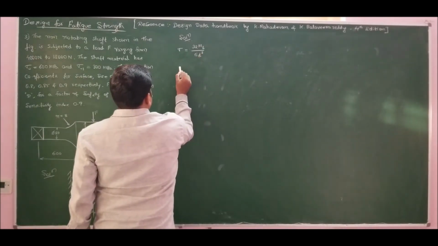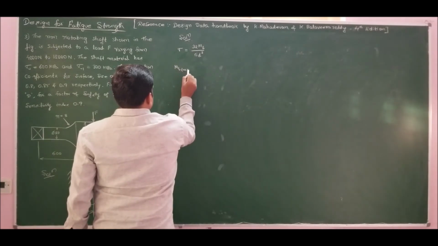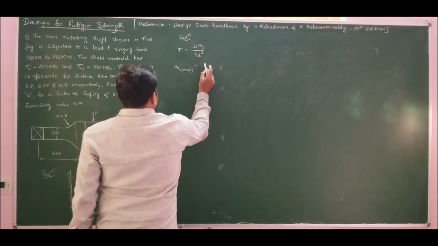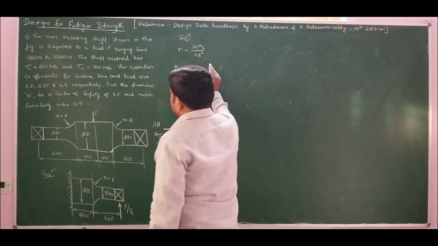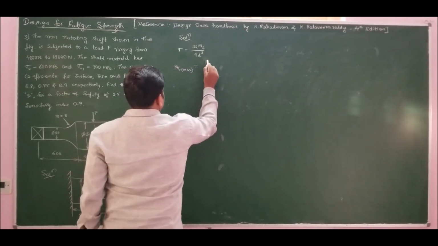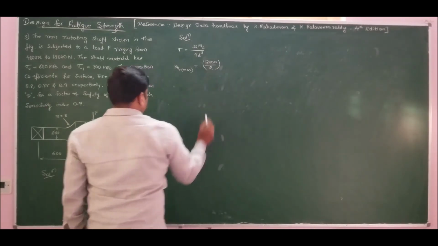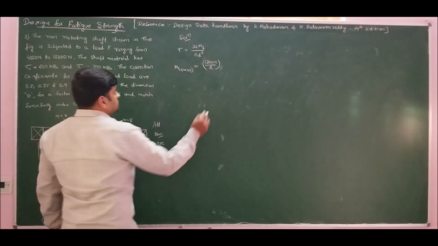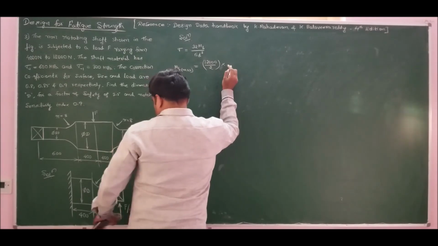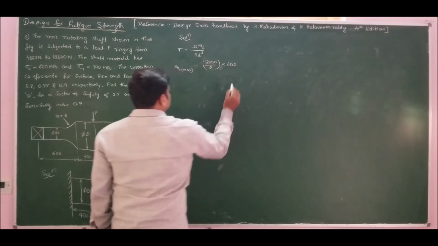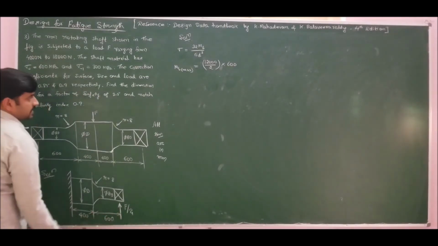So if I find the maximum and minimum bending moments, MB max will be, with maximum load 12,000 newtons, 12,000 by 2, that is F by 2, into length, which I should take as 600. This is because the distance from the failure point is 600.